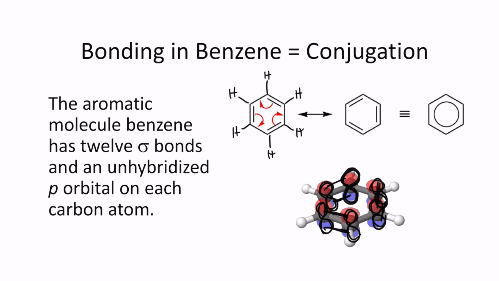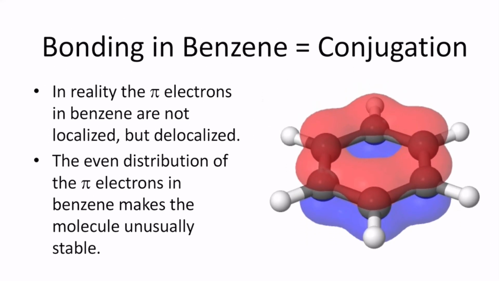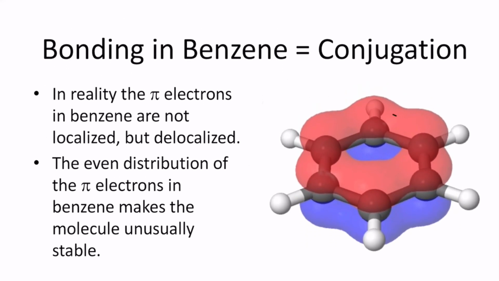Instead, all of these orbitals are going to be delocalized, and they make what looks sort of like a donut on top of and below the plane of the molecule. And because all of the p orbitals can overlap in this way and they make this big giant cloud, that makes the molecule really stable.